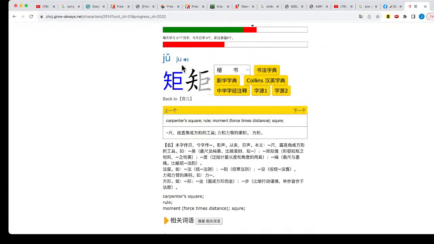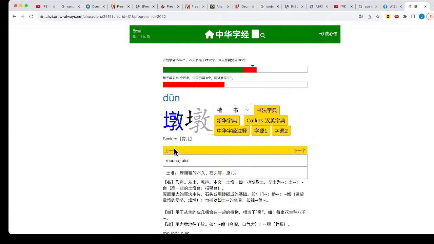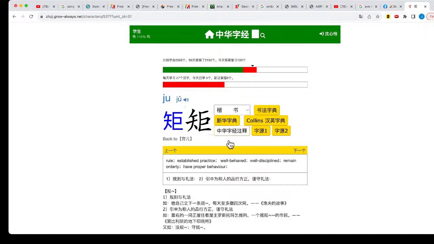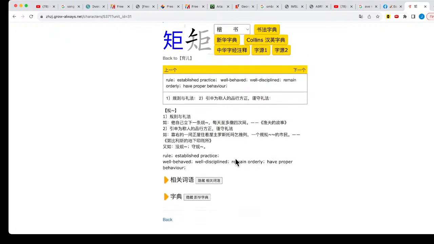Now this one has another pronunciation, called 轻声. And usually this one is in a combined word with 规: 规矩. 规矩 has two meanings.